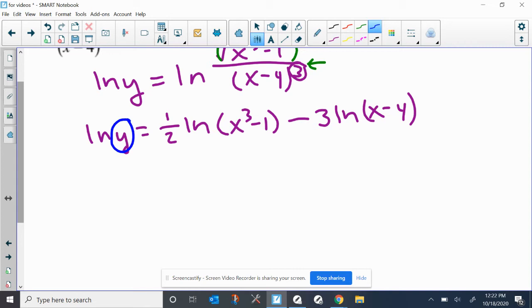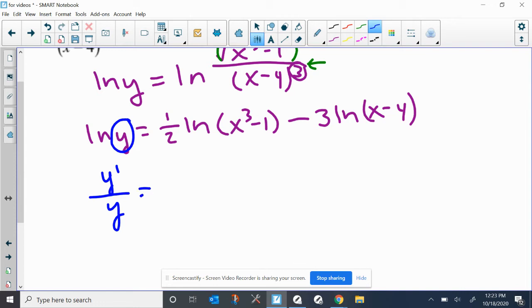Right now, I'm going to ask you to take me on faith here, but that y is just like a u. If I do the derivative of the natural log of u, it's u prime over u. If I do the derivative of the natural log of y, that is y prime over y. Just like it is x prime over x, but the derivative of x with respect to x is 1.